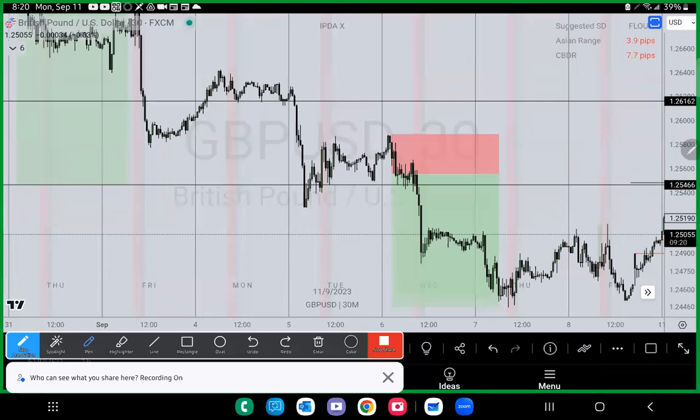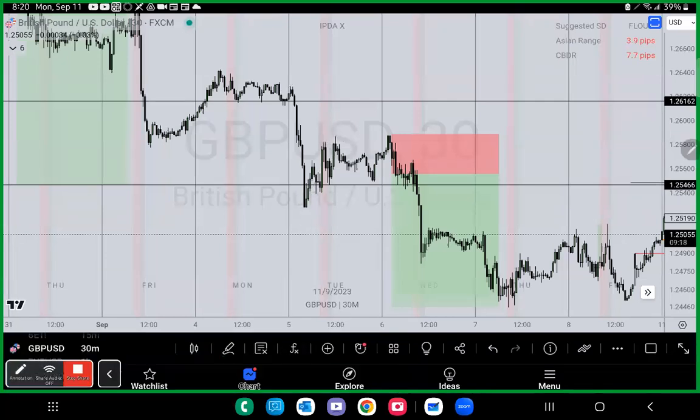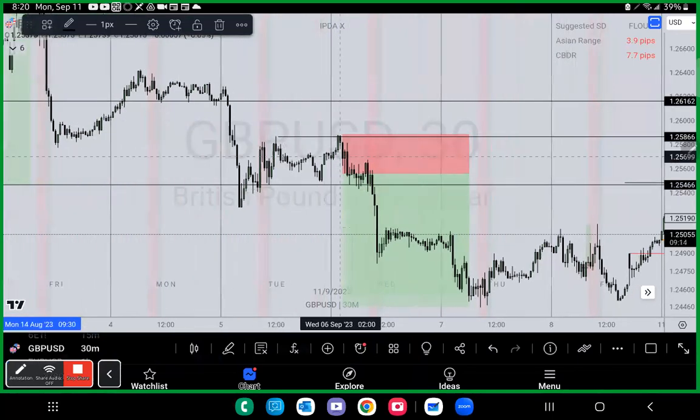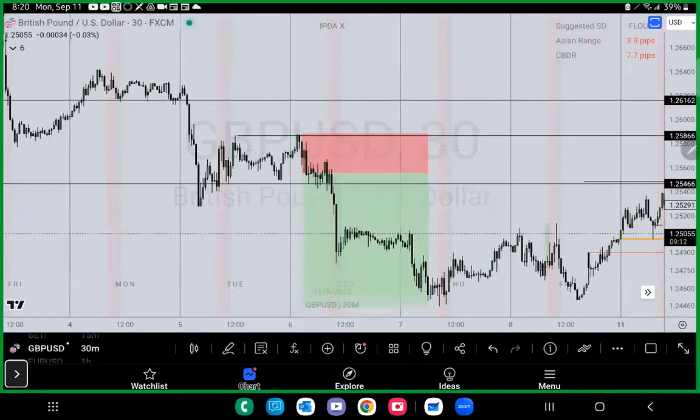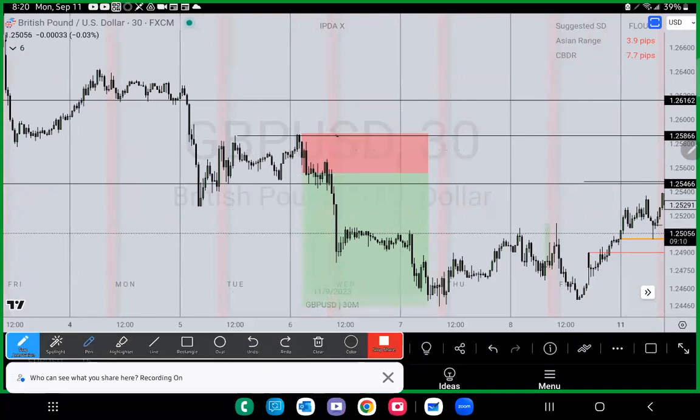But then look at what happens on Wednesday. Once Wednesday runs out that high, I think we had S&T here, I'm not sure. Once Wednesday runs out that high, then here you go with your CSD, order flow is confirmed, right? And even on 30-minute, imbalances are being closed.